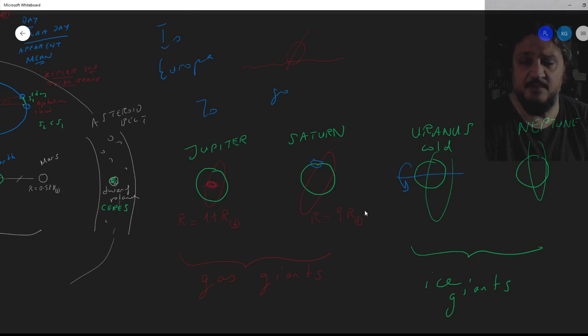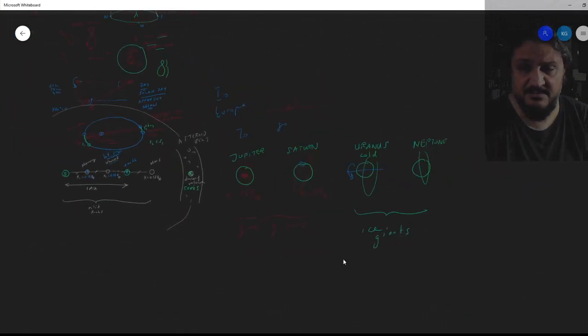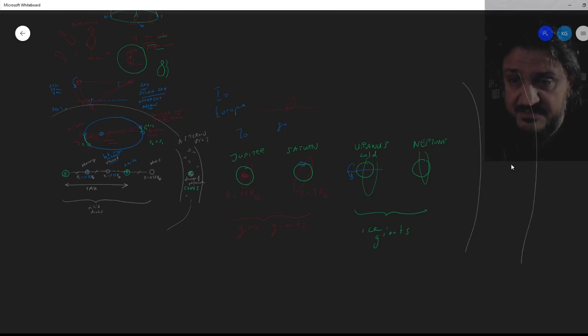And after those, we have the Kuiper belt. So let's zoom out a little bit. So here we have another belt, which is even larger than the asteroids.